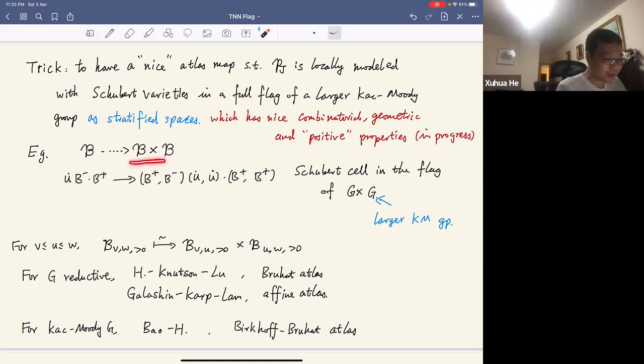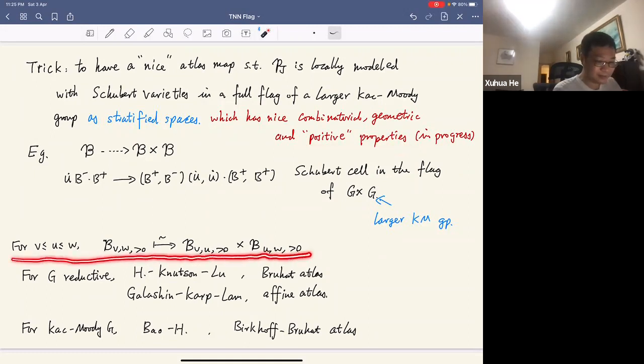However, if you look at these things together, then it's just a B plus times B minus orbit, U dot and U dot. So this one is a Schubert cell of the flag of this larger Kac-Moody group G times G. And also the positivity property which I mean here is the same as we discussed earlier.